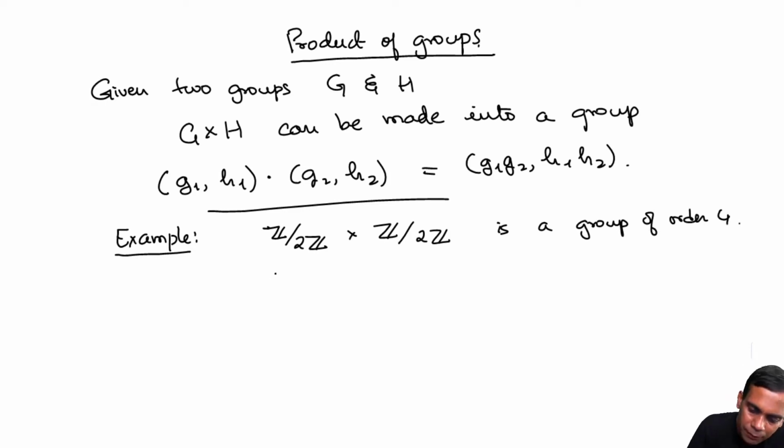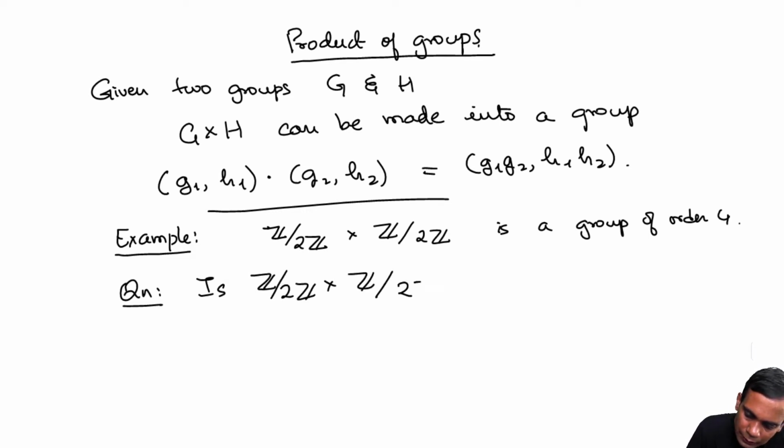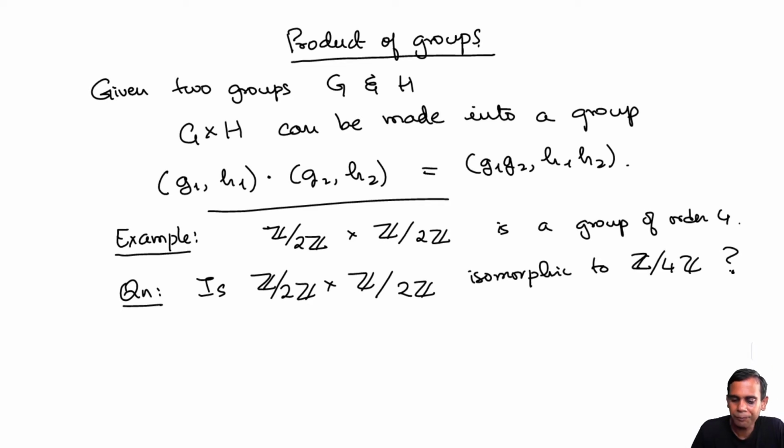And here's a question: is Z mod 2Z cross Z mod 2Z isomorphic to Z mod 4Z? That's another group of order 4, right?